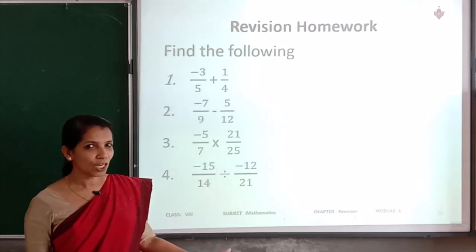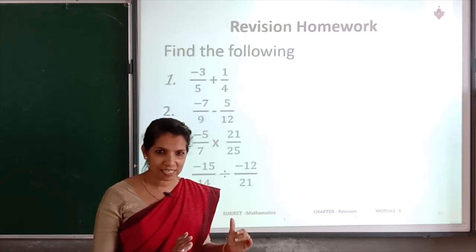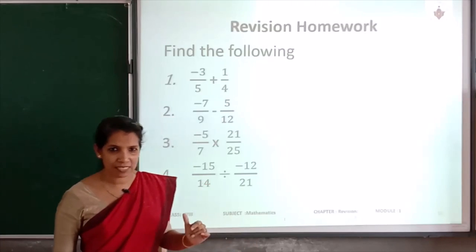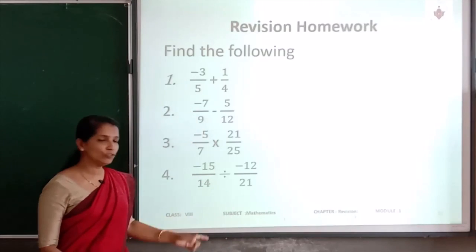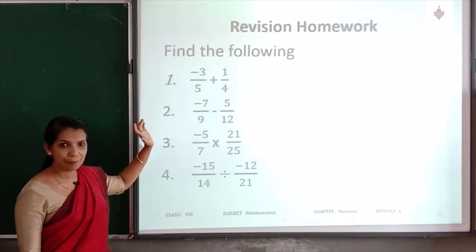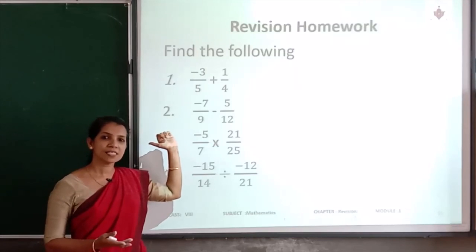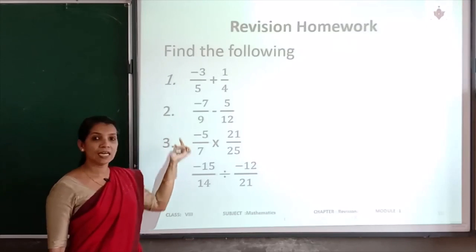Then we have discussed some topics that you have studied in class 7 which are important for class 8, and today I am giving you 4 questions as homework from rational numbers, because we have to start the class 8 portion with rational numbers.